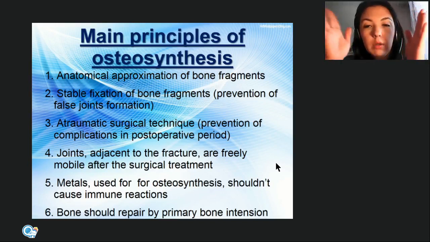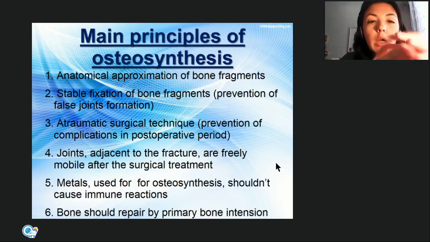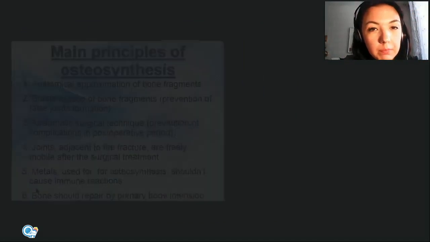About primary and secondary intention we have already spoken, yes? If the wound heals with primary intention, it is faster and there is a very small scar. And if it is secondary, then there will always be connective tissue between the edges of the wound. So it's not so effective, it's not so reliable.